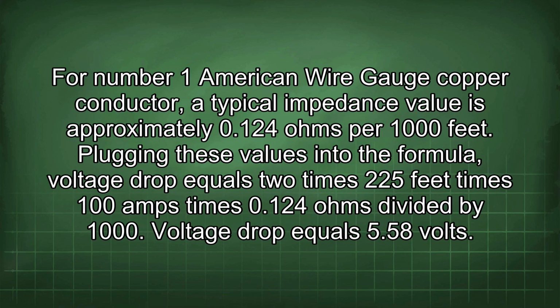For number 1 American wire gauge copper conductor, a typical impedance value is approximately 0.124 ohms per 1000 feet. Plugging these values into the formula, voltage drop equals 2 times 225 feet times 100 amps times 0.124 ohms divided by 1000. Voltage drop equals 5.58 volts.